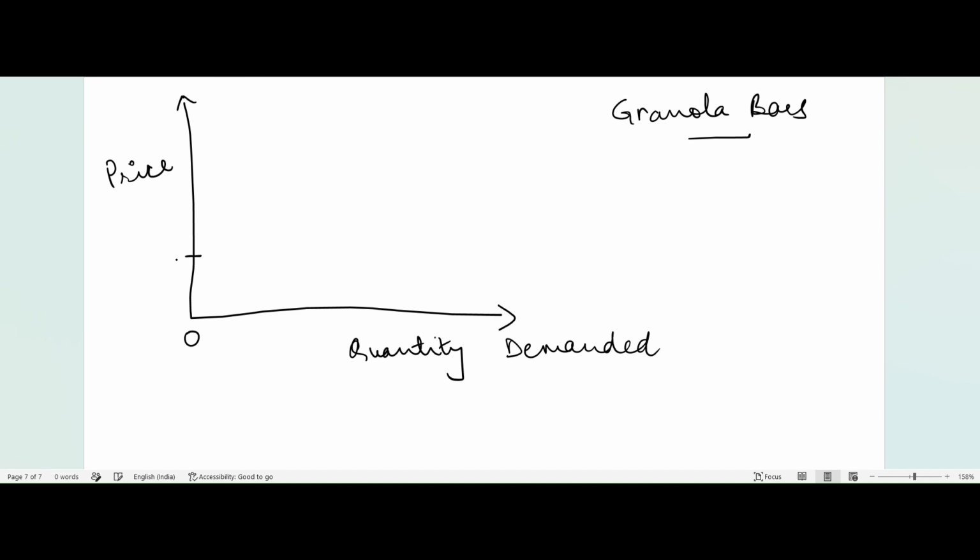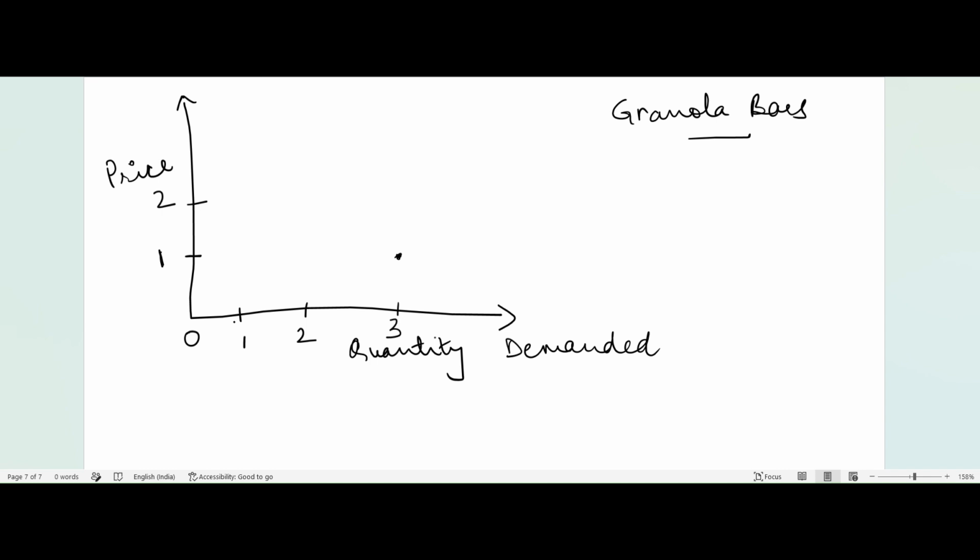So when the price was 1, the quantity demanded was, let's say, 3, right? Okay, I'll mark that. So when the price was 1, the quantity demanded was 3, so I get one point over here.